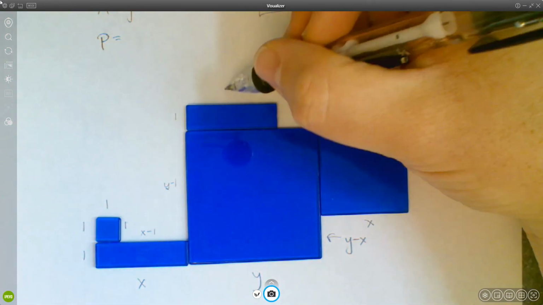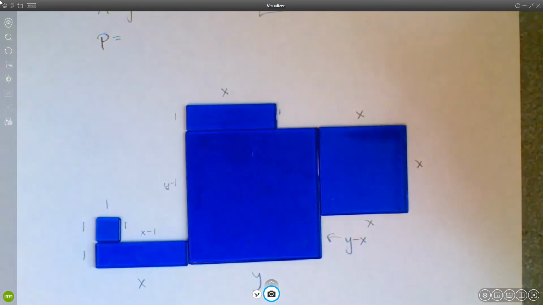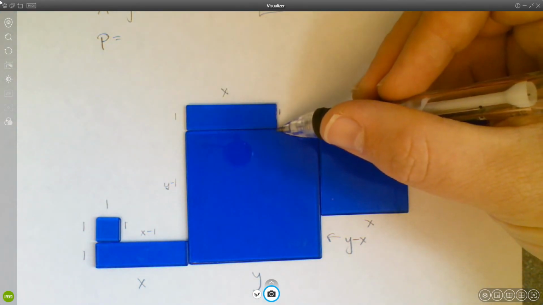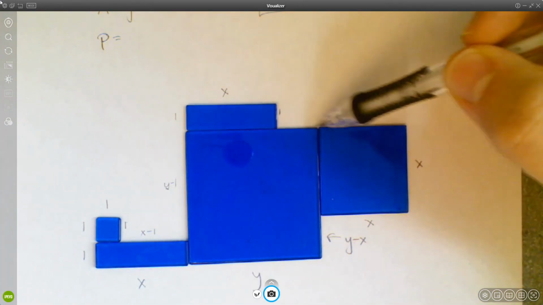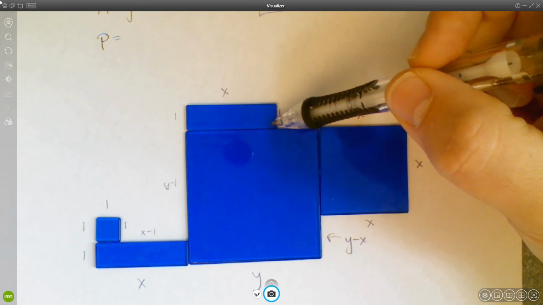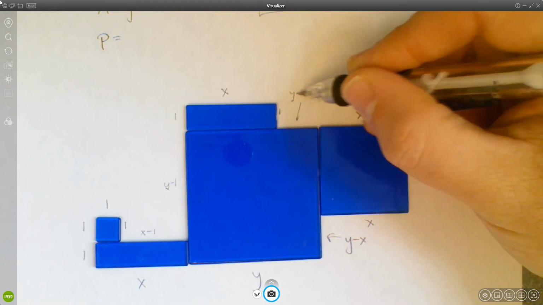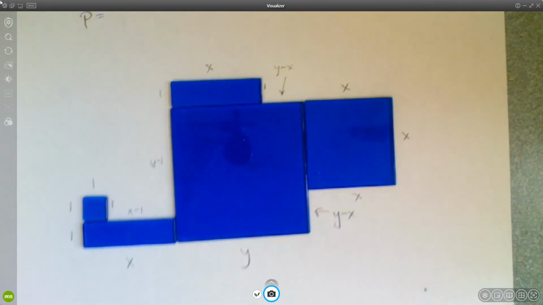From here to here it's an x. From here to here it's a 1. And then this last little segment from here to here, how much is that? Well, this is y, and this is x. So this is y minus x. Okay, so I think I've got everything correctly labeled.